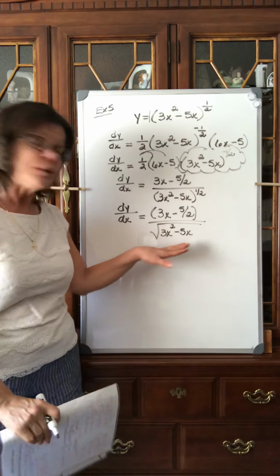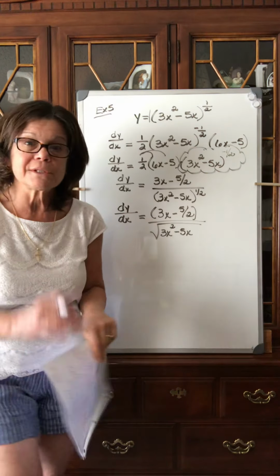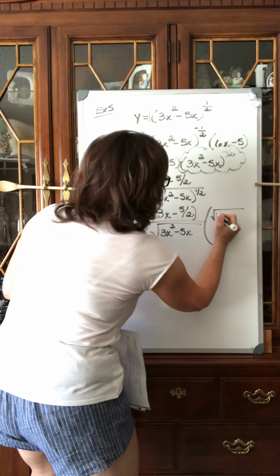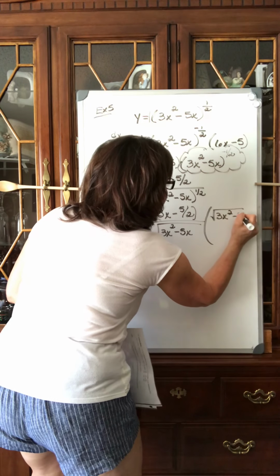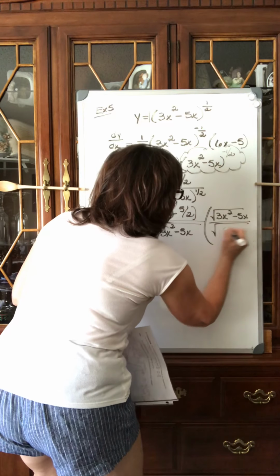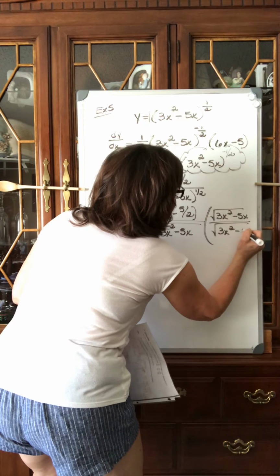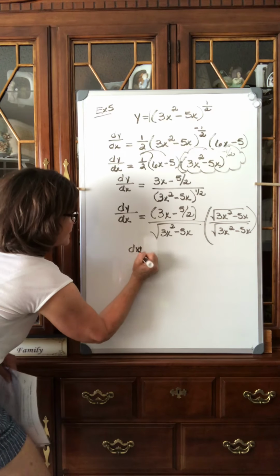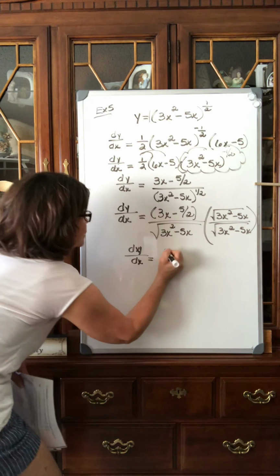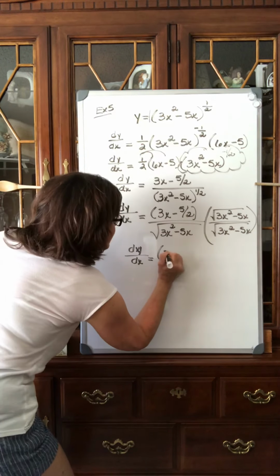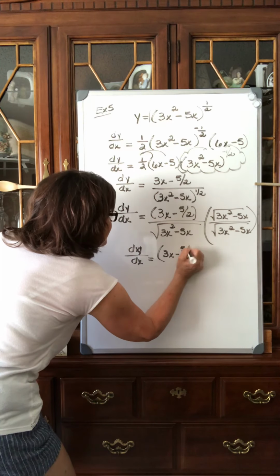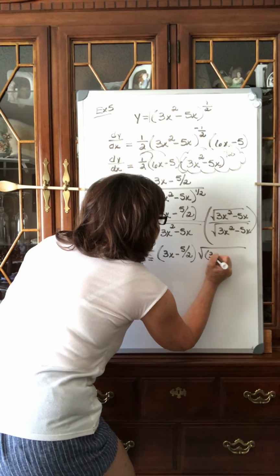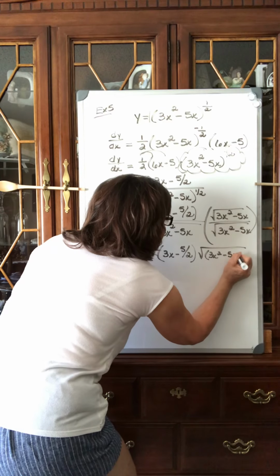Almost done. You can't keep that radical in the denominator. You can't have a square root in the denominator. So rationalize the denominator. You're going to multiply this by the square root of 3x squared minus 5x divided by the square root of 3x squared minus 5x. So the first derivative, dy dx, is equal to the binomial 3x minus 5/2 times the square root of 3x squared minus 5x.